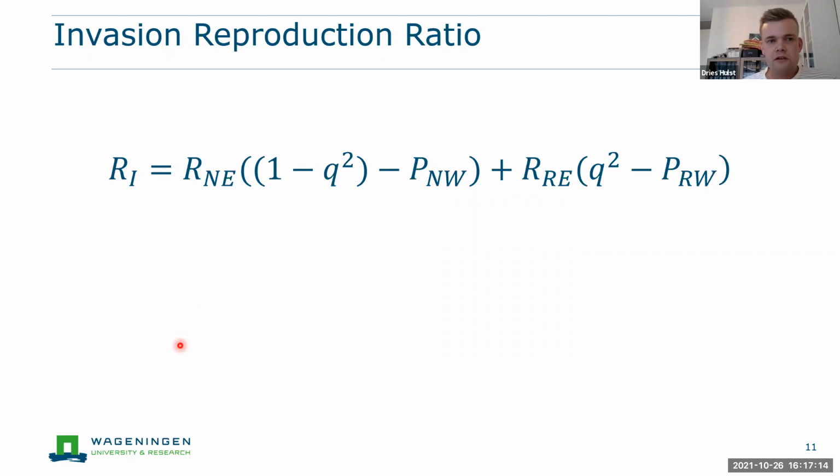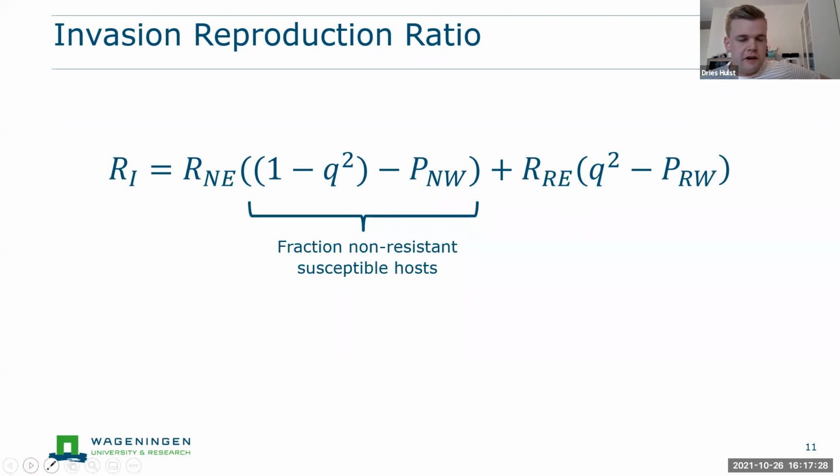In this formulation, you see the two basic reproduction ratios of the escape mutant in non-resistant and resistant hosts, and they are multiplied with the fraction of susceptible hosts. That makes sense, because when you have a fully susceptible population, as is the case for the basic reproduction ratio, this fraction is of course 1. But now we don't have a fully susceptible population, because a part of the animals is infected with the wild type already.